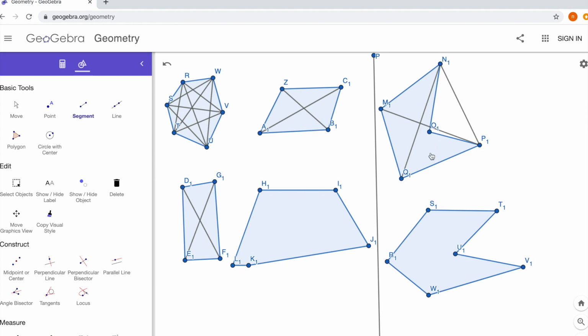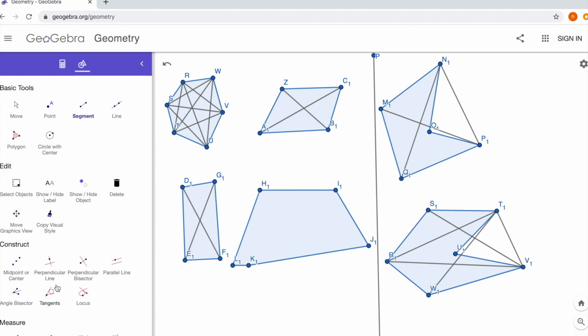So this is the difference between these polygons, and these polygons are called concave polygons, where at least one of the diagonals lies outside the figure. So here also you see that one diagonal is outside and one is intersecting the polygon. It is partly inside and outside of the polygon. So this is a concave polygon.